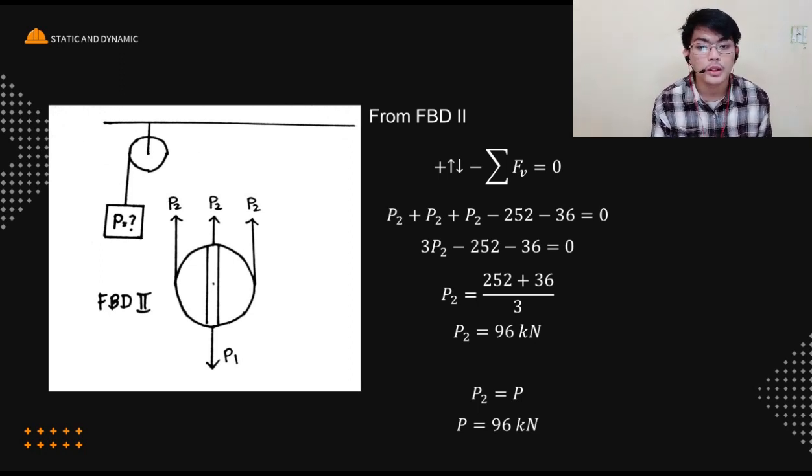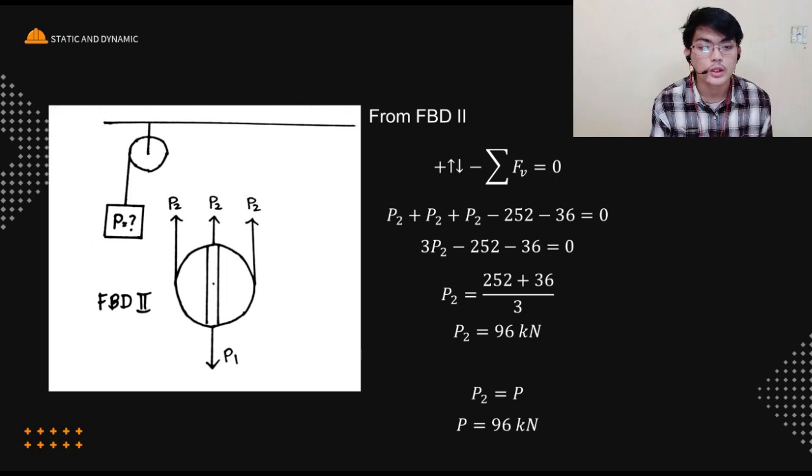Therefore, we move on to our second free body diagram to get our P. In this, we again divide our diagram into 3 positive forces, which we call P2s, and our calculated P1 is going to be our weight going down, and we include also the weight of each pulley. So our formula is positive going up and negative going down, summation of vertical forces equal to 0.